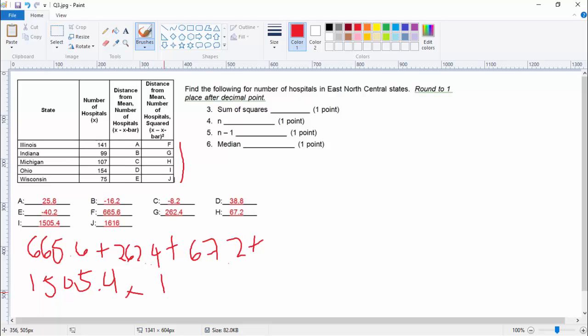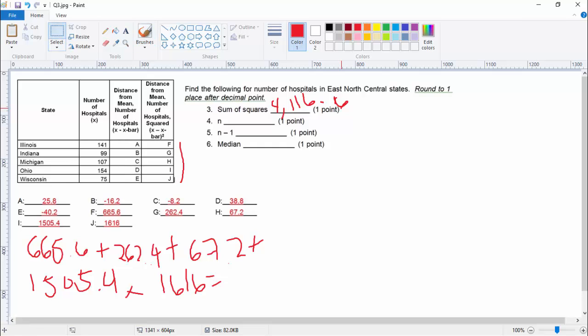Plus 1616 equals, and so what does that equal? Well, I did it off stage, and so we get 4,116.6. So that's what happens if you add up all of that column.